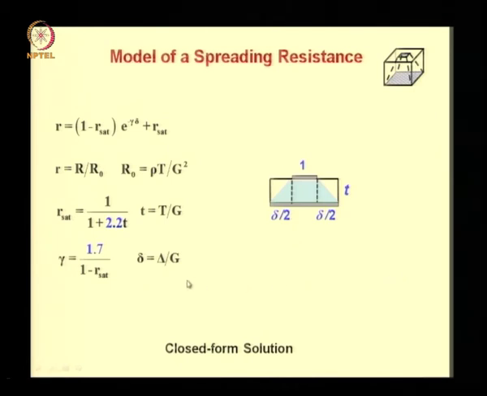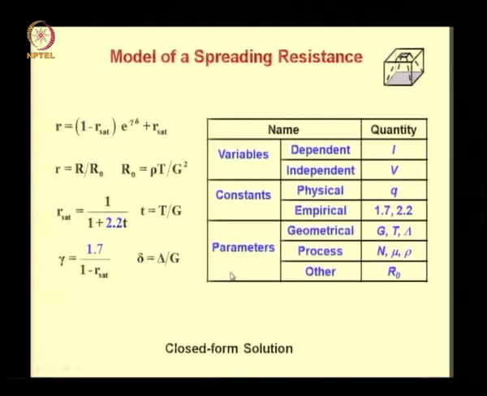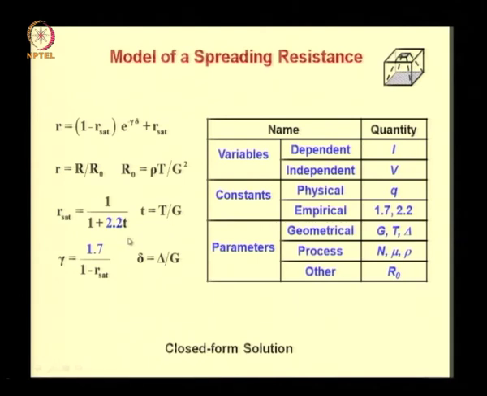Now, based on this, we obtained the model shown here after attempting the improvement of the basic model based on the constant angle current spreading approach. The variables, constants and parameters of the model were as listed in this figure. The empirical constants of 1.7 and 2.2 were necessary to improve the continuity and accuracy properties of the model.